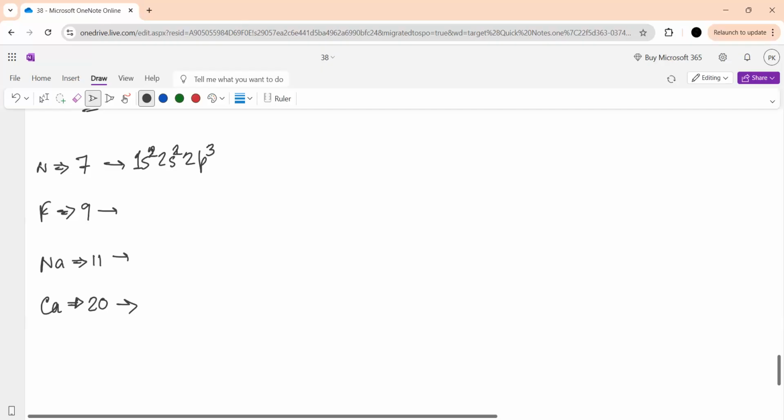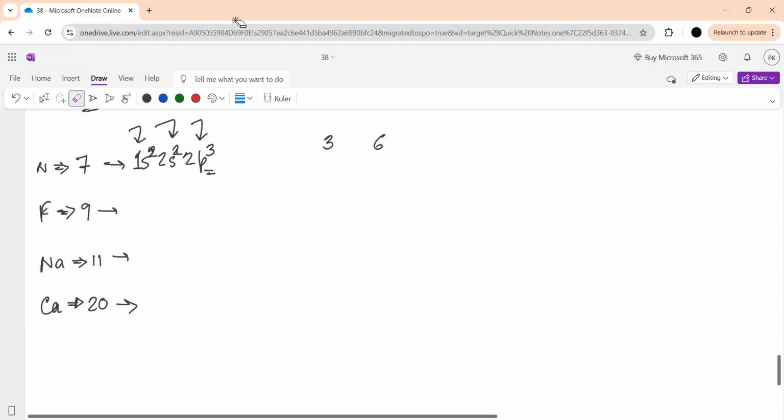You first fulfill 1s, then 2s, then 2p. At the point where you have more vacancies than electrons, that's where you stop. In 2p we could have had 6 electrons, but we had 3 left, so 2p was the last point. We gave 3 electrons to it.